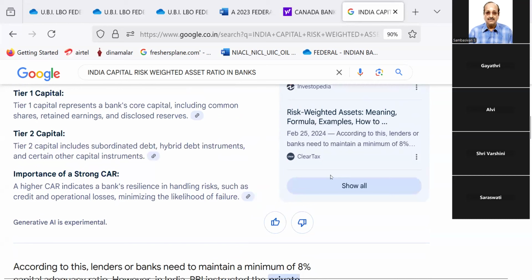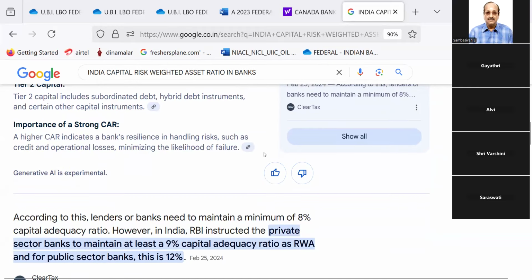Tier 1 capital represents a bank's core capital, including common shares, retained earnings, and disclosed reserves. Tier 2 capital includes subordinated debt, hybrid debt instruments, and certain other capital instruments. Importance of a strong CAR: a higher CAR indicates a bank's resilience in handling risks such as credit and operational losses, minimizing the likelihood of failure.